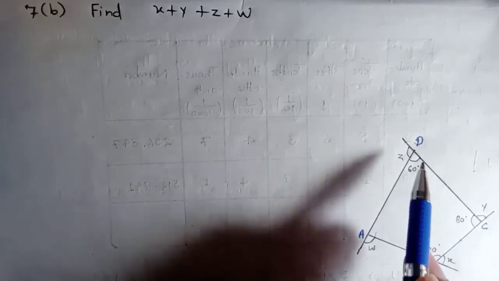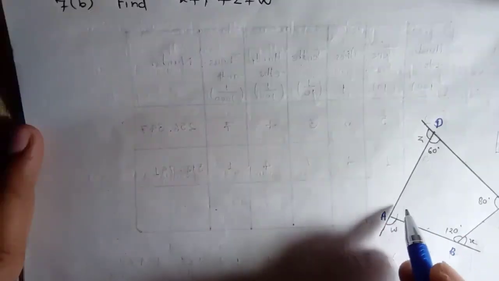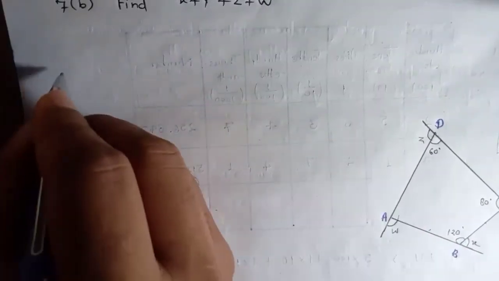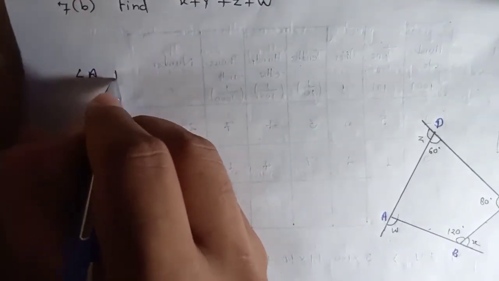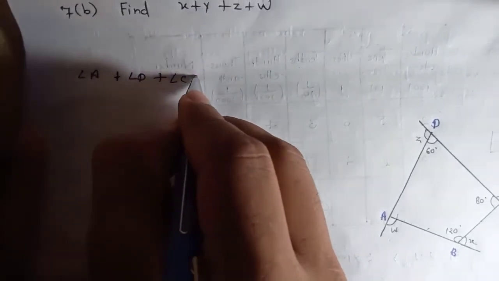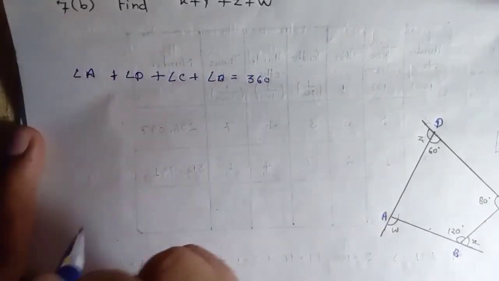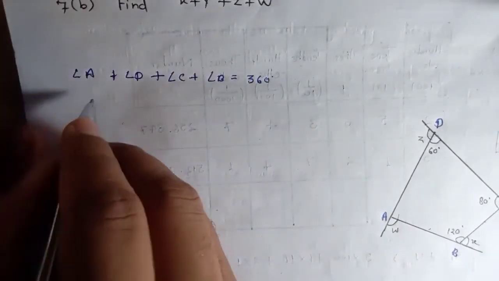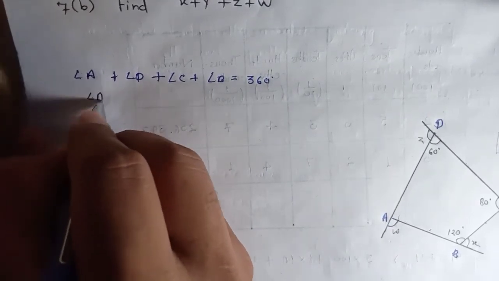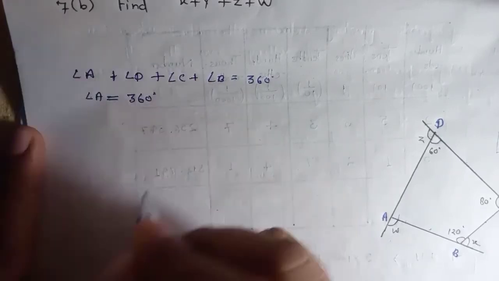So first find angle DAB. It is angle A, it is angle D. So angle A plus angle D plus angle C plus angle B gives the sum 360 degrees. And we have to find A. So angle A is equal to 360 degrees minus all these angles.